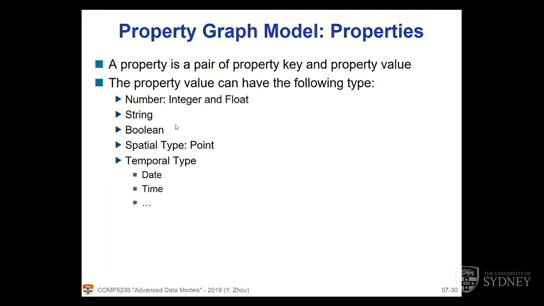Similar to MongoDB, Neo4j supports different data types, like simple types: number, integer and float, string or boolean. It can also have spatial types and quite a few temporal types, like date and time. The set of data types may grow in each version of Neo4j, so here are just a few common or typical ones.